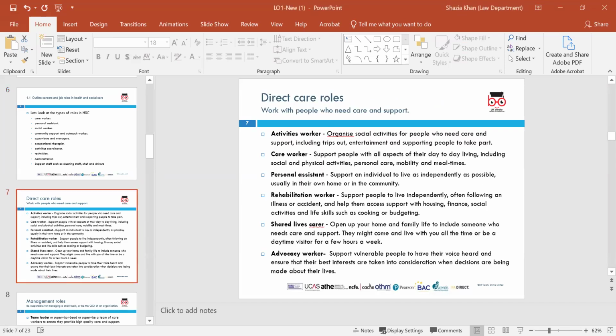So direct care roles. These are roles that work directly with people who need care. The first one is activities worker. They are based in care homes usually, and their role is to motivate people and organize entertainment for them. If it's the elderly, they try to organize little courses on cooking, reading, knitting, things like that.